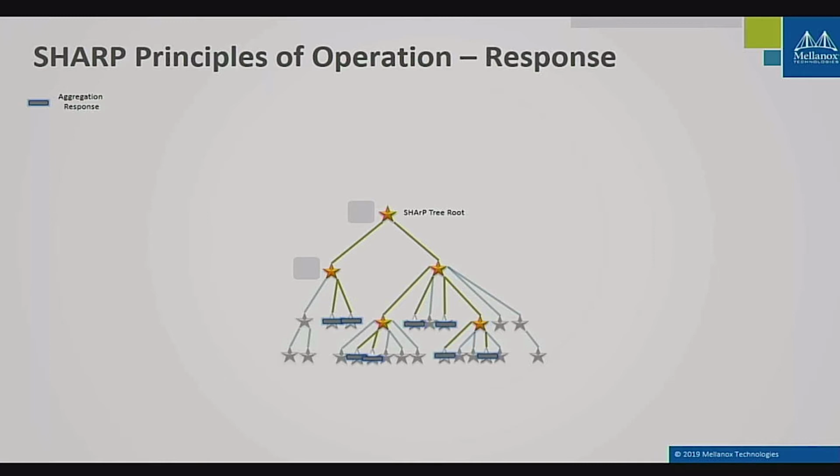And the nice thing about using this tree is that those connections between end nodes and switches, as well as switches and switches, are all implementing the InfiniBand transport in hardware. So there is full reliability implemented in there. If packets are being discarded, the hardware knows how to do the retransmission and how to check for correctness of the data.